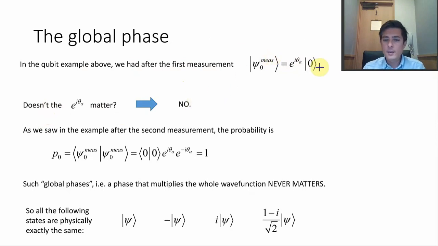You can have any kind of phase multiplying a quantum state, and it never really affects any experimental outcome. It's sort of like a free parameter in the theory, and it doesn't really affect any of your outcomes. You can kind of see this if we go back to the previous slide.